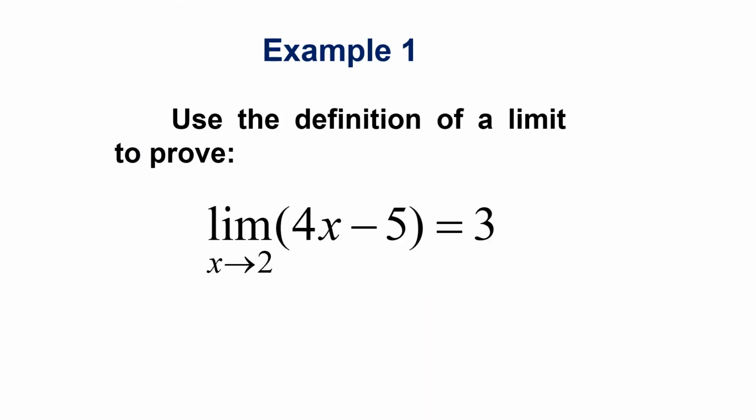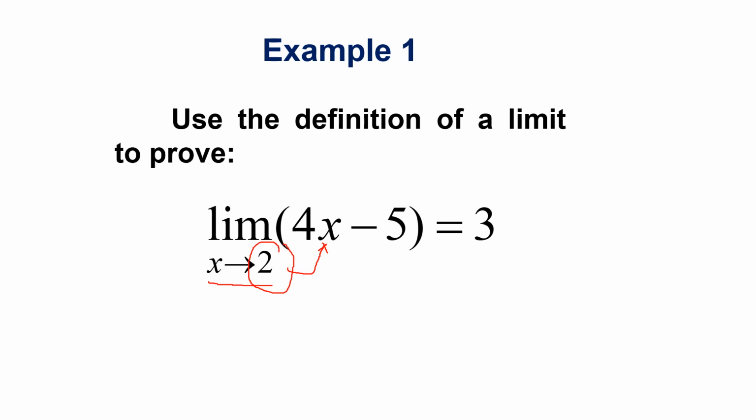For example number 1, use the definition of a limit to prove the limit of 4x minus 5 when x approaches 2. If x approaches 2, we put this 2 as the value of x to get the limit of 4x minus 5.